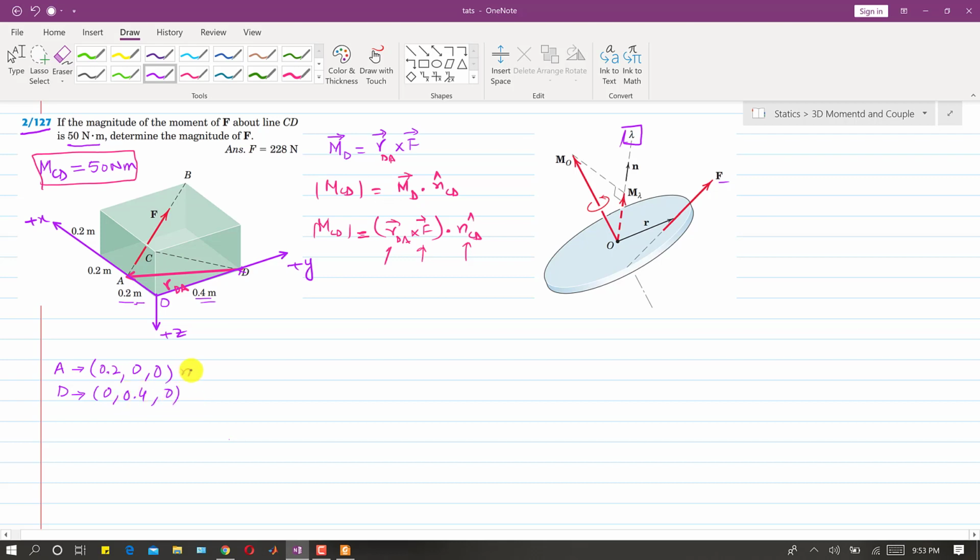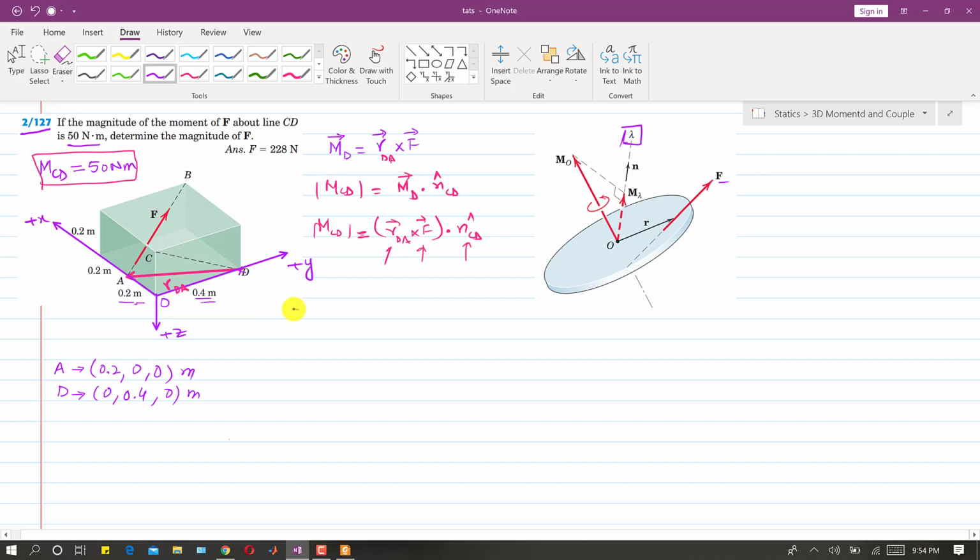So these are the coordinates of A and D. Now to find the RDA vector, what will that vector be? We will subtract the coordinates of D from A, right? So I will write 0.2.